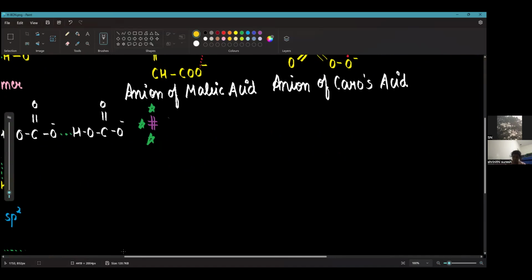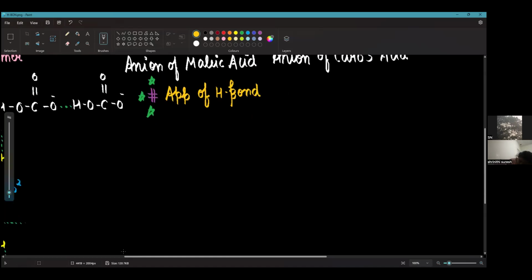They are applications of H bonding. ओके, तो हाइड्रोजन बॉन्ड जो है, तो यहाँ पे मैं प्रॉपर्टीज लिख दूंगा, देन यू विल राइट इंटरमोलिक्यूलर and intra.